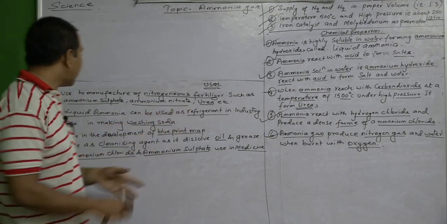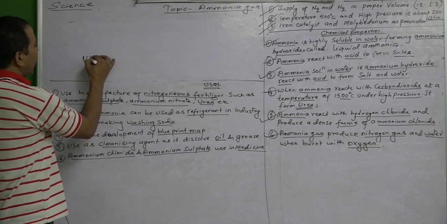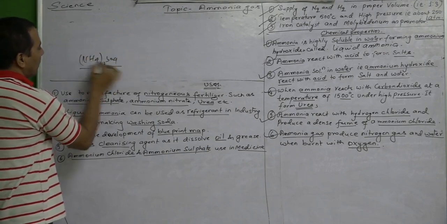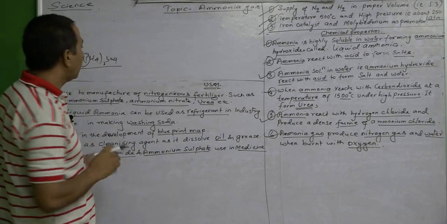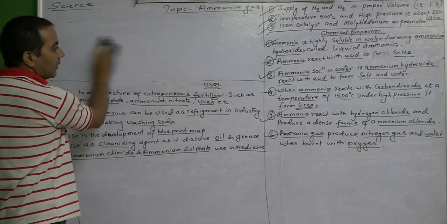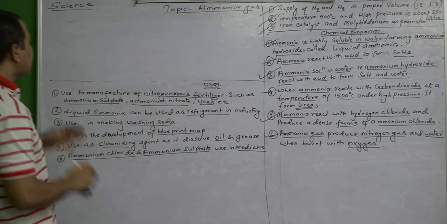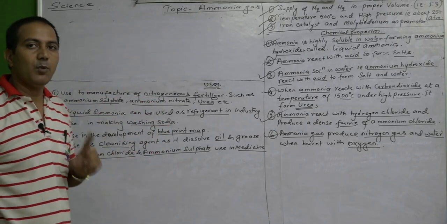Such as ammonium sulfate, (NH4)2SO4, nitrogen is present, yes. Then ammonium nitrate, likewise urea. We have already given the chemical reactions, isn't it? So these are manufactured by the use of ammonia.